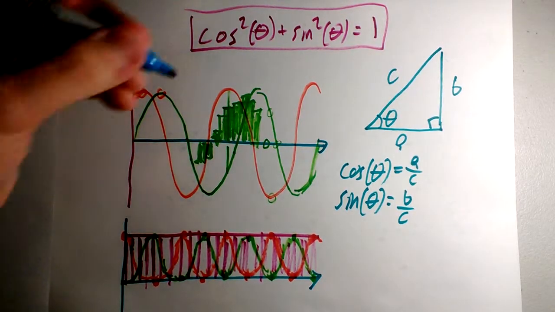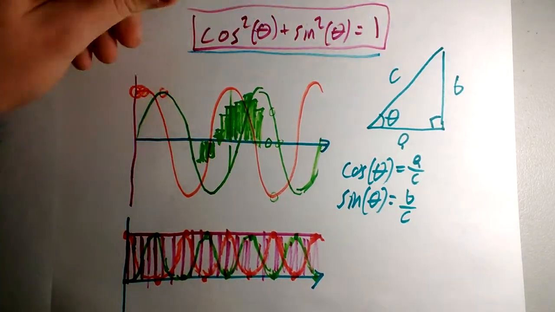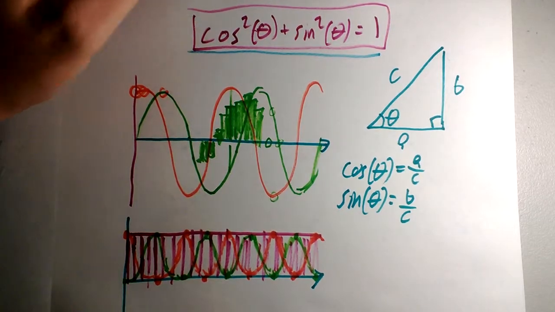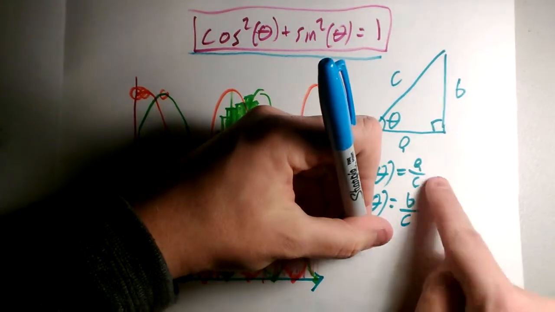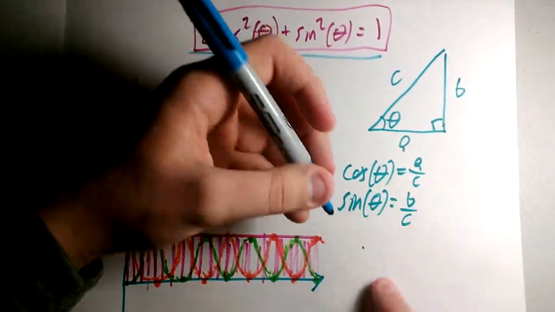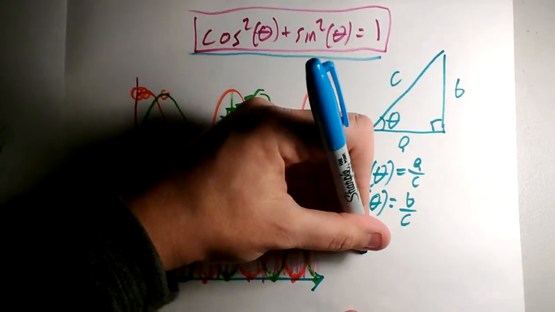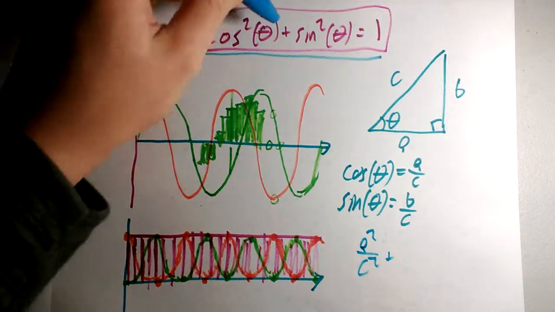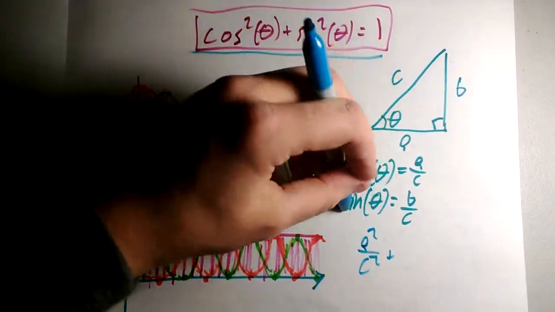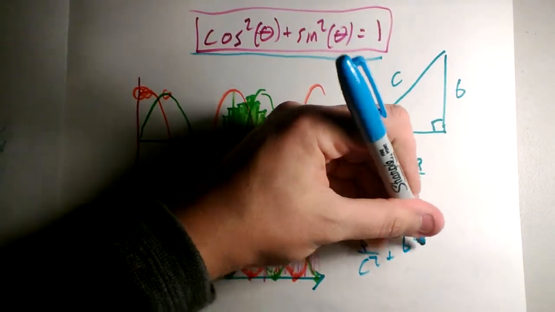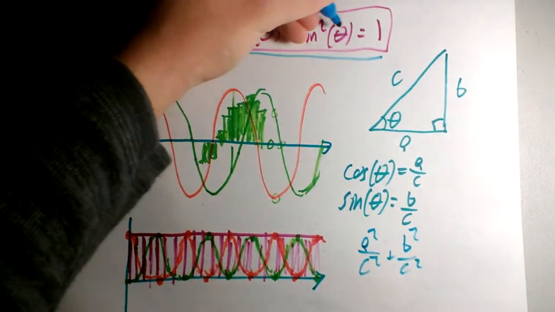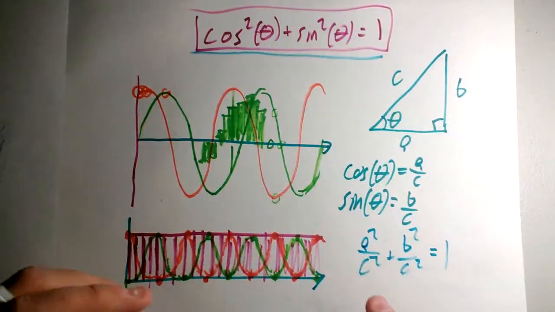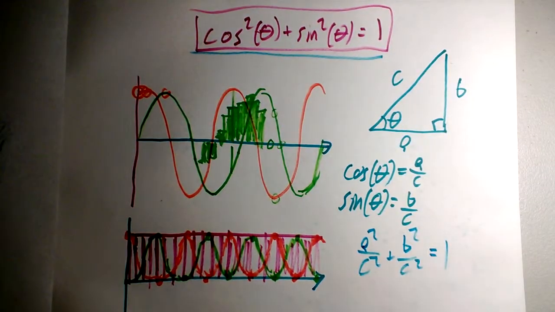And so using this fact right here, cosine squared is just this squared. That's A squared over C squared. Then we're going to add that to sine squared, which is B squared over C squared. And now what is that equal to? It's still equal to 1. Now let's multiply everything here by C squared.